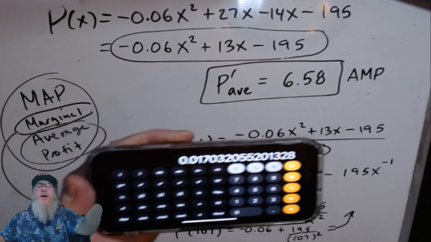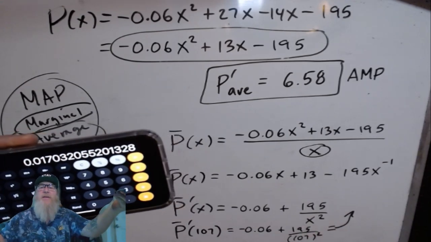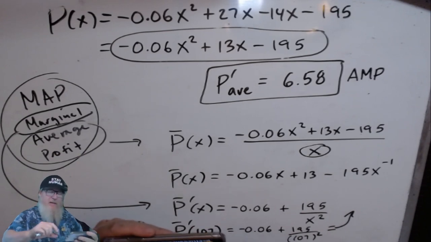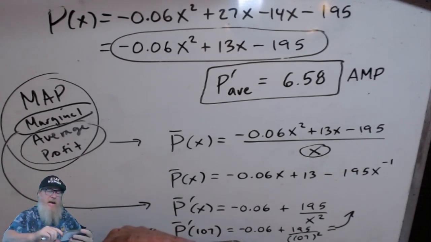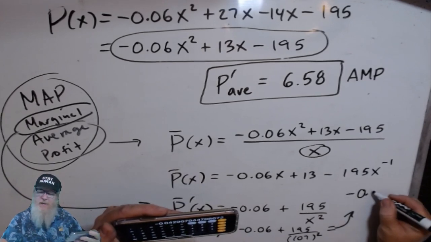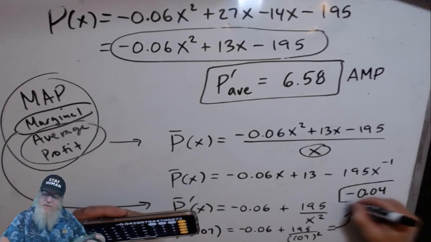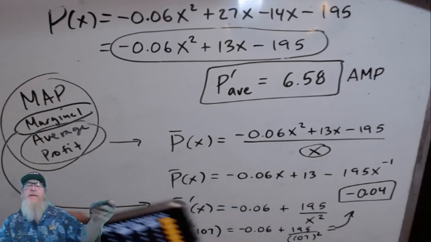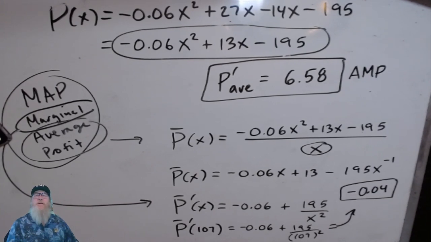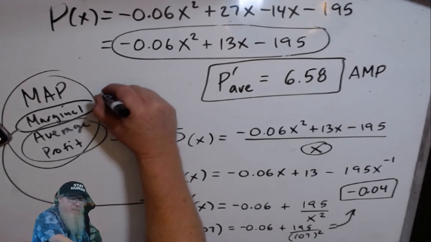All right, so that's 195 divided by 107 squared, and then plus negative 0.06. I can just go minus 0.06, and I get negative 0.04. I'm rounding to the nearest cent. All right, so I just plugged in 107 for x, and that gives me my marginal average profit.